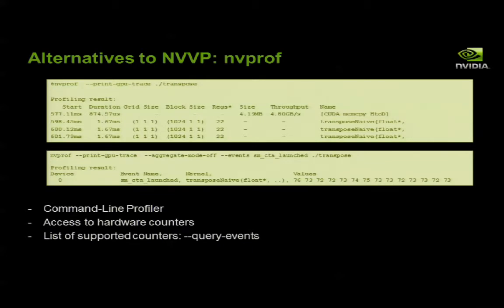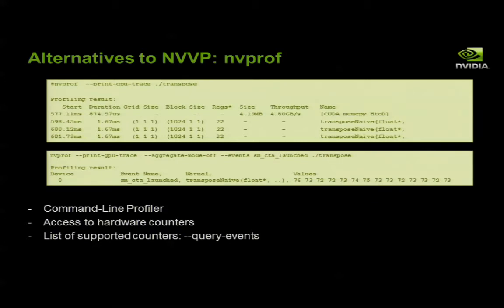In this case we called the transpose 3 times, and it was a bit boring because all of them took exactly the same time. But you can do quite a bit more fancy stuff with it.